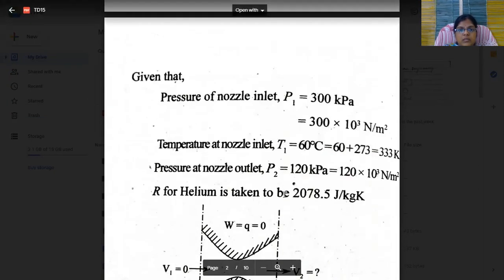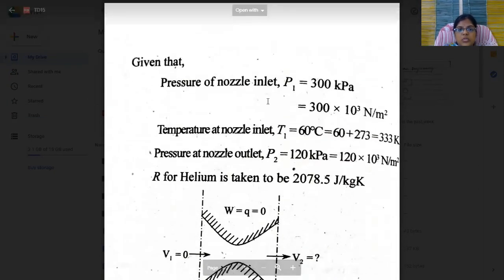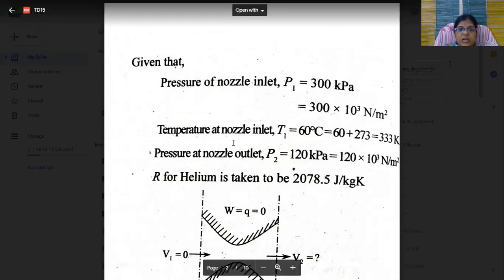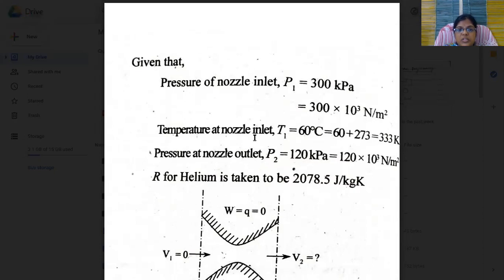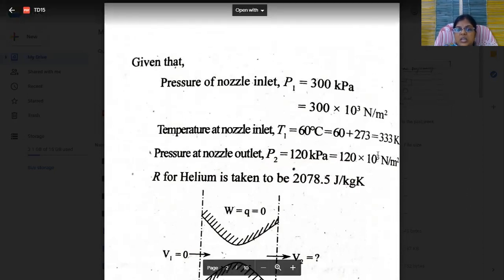Now take the values. Pressure at nozzle inlet P1 is equal to 300 kilopascal, that is 300 into 10^3, where Pascal is Newton per meter square. Temperature at nozzle inlet T1 is equal to 60 degrees centigrade, which is 60 plus 273 is equal to 333 Kelvin.